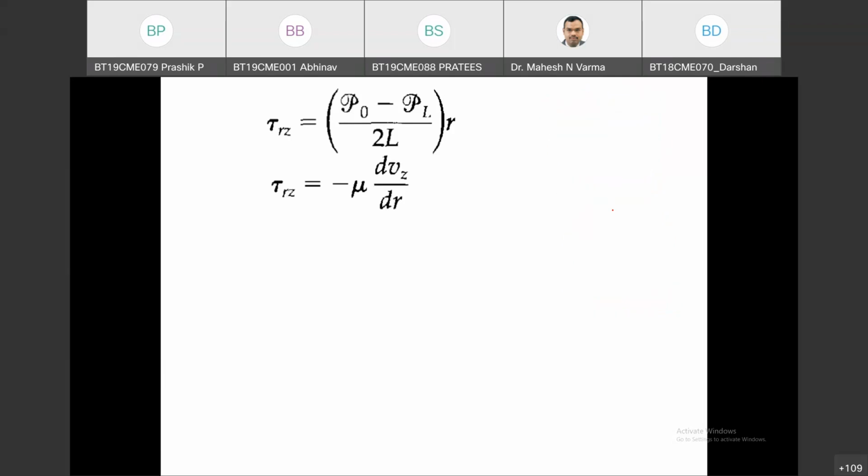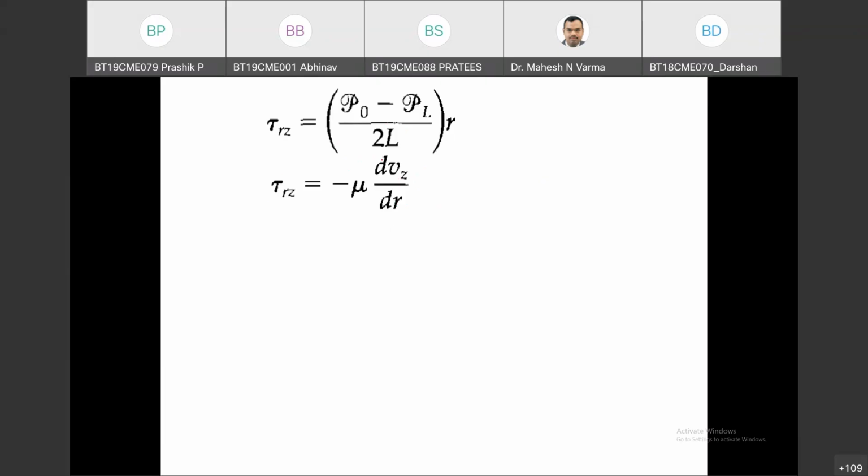Once I have this flux profile, now I can use Newton's law of viscosity. You use the generalized Newton's law of viscosity, which boils down to this only when Vz is a function of r only.